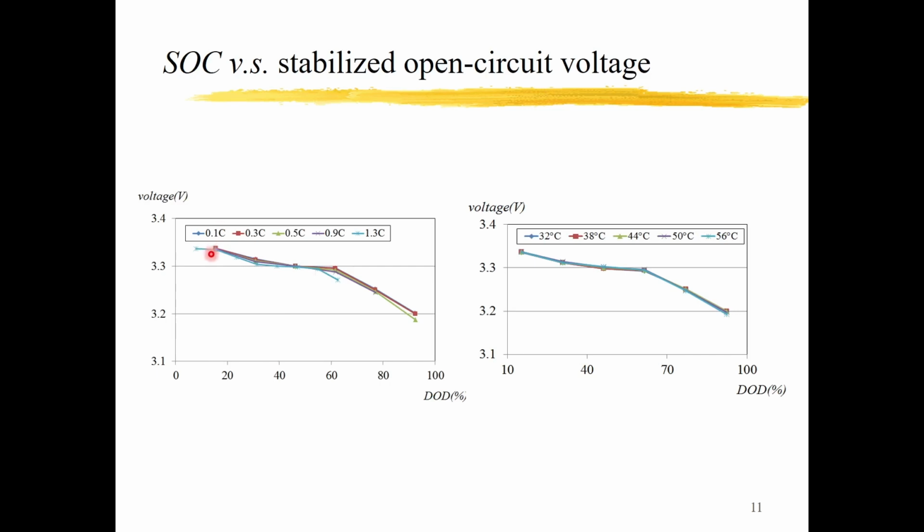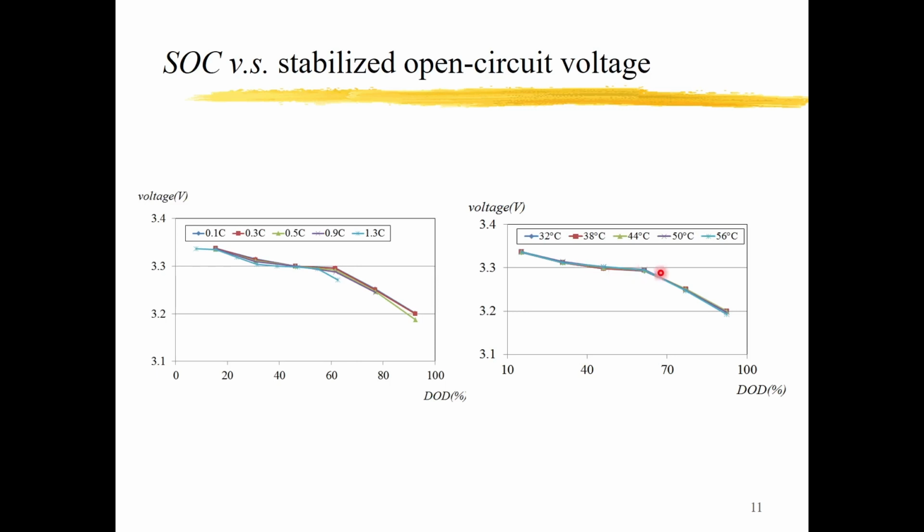This is discharged at different current rates. No matter whether high current rate or low current rate, after the battery is stabilized, the voltage and DOD, and also SOC, are on the same curve. It's not linear, but the voltage is still related to the SOC.